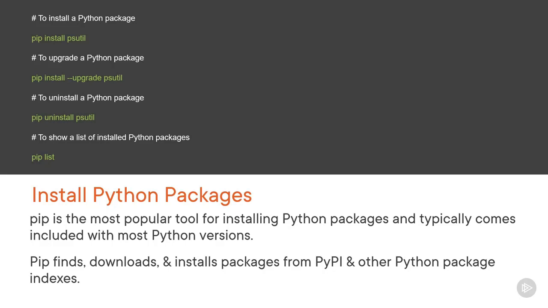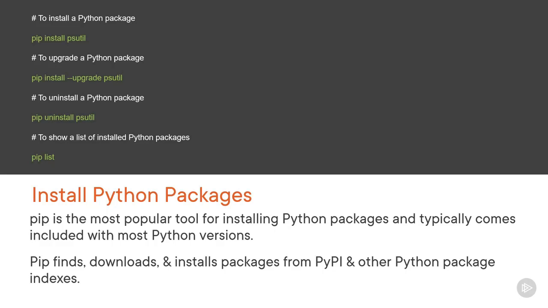Now, in our syntax there, to install a package using pip, you'll want to run pip space install space psutil. And psutil in this example is the Python package that we're talking about. Now, you can see the syntax there for upgrading psutil using pip. You can also see the syntax there for uninstalling psutil using pip.